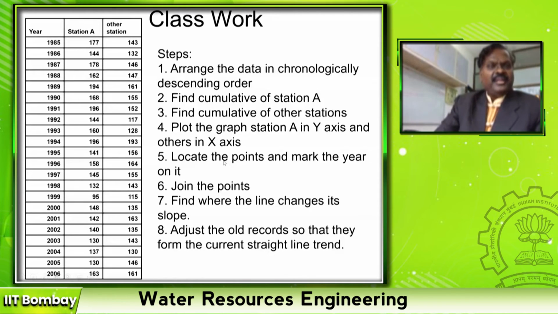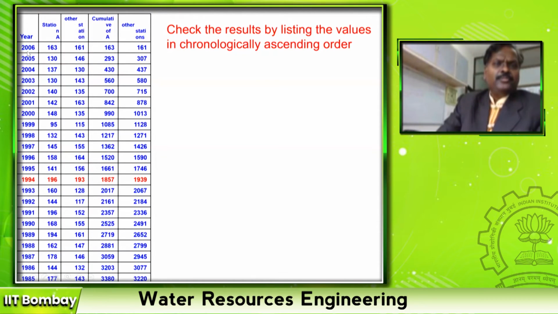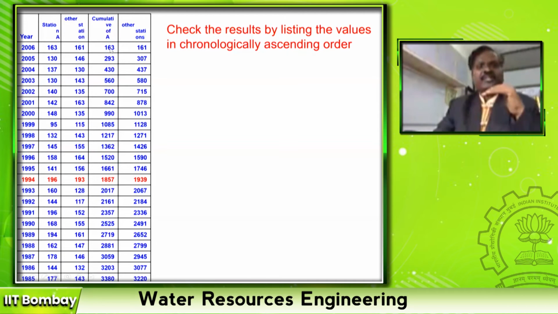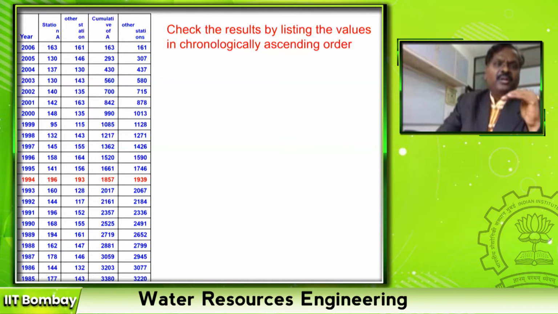Then I have done this. First, arrange the data chronologically in descending order. This is station A, and its cumulative. I think I need not tell you how to estimate the cumulative: it is the algebraic sum from the start to that particular time step. So this is the cumulative of A, 163 plus 130.